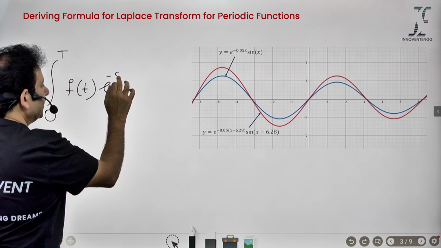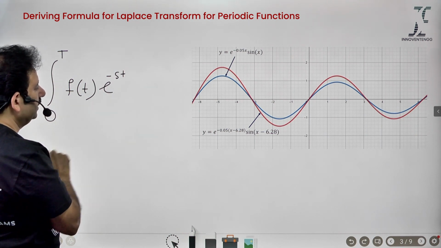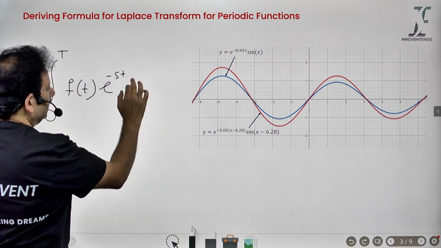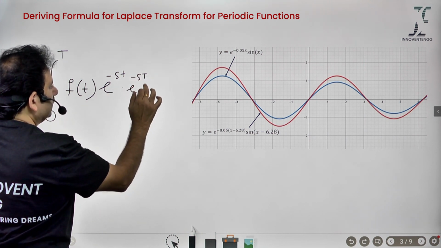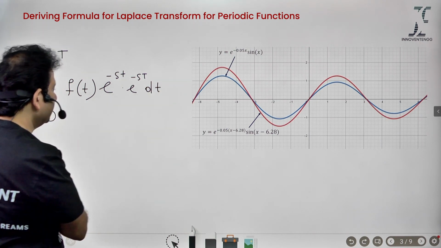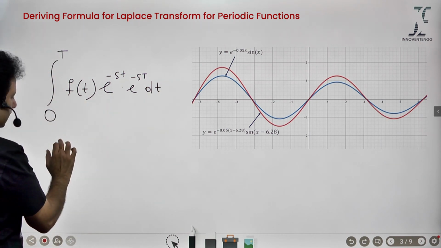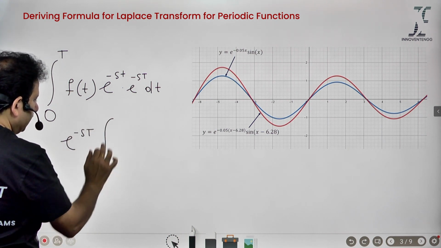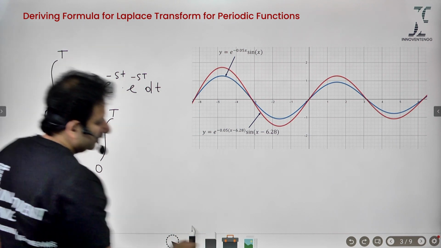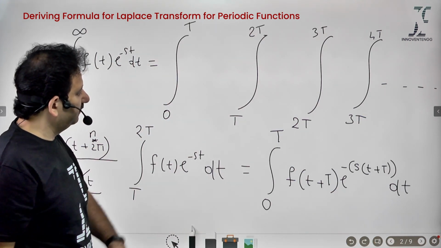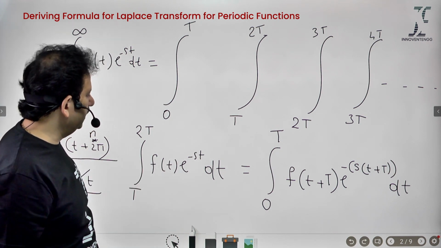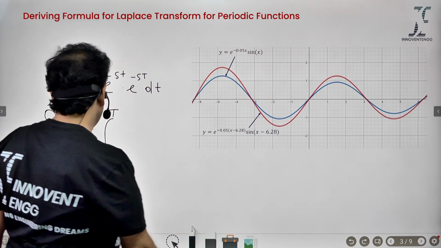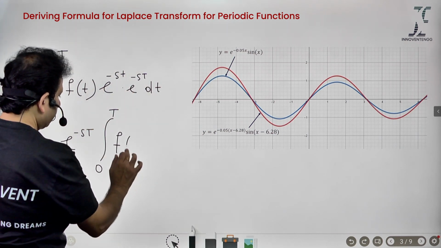You will have minus st. This is my original exponential function, now you have one extra term added, that is e power minus sT. So if I take this out, e power minus sT, if I take out, so my integral, that is when I split my integrals into several of them, I just considered the second one arbitrarily. Of course, the first one is 0 to T. The second one I could reduce to this particular form.